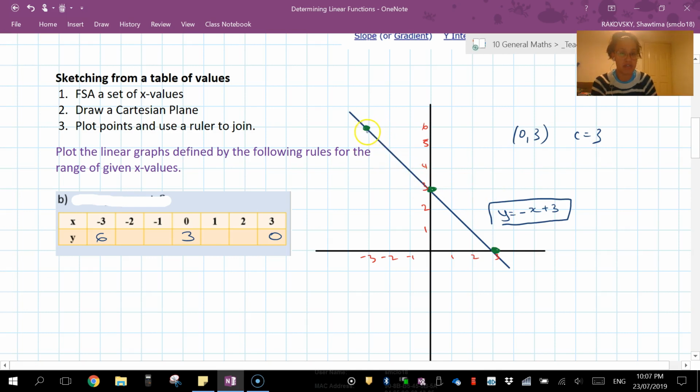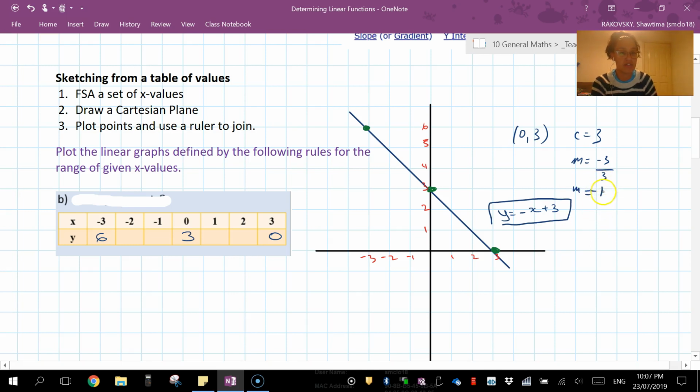You could use rise over run. So 1, 2, 3, 1, 2, 3. Your rise is -3, and your run is +3. So m equals -3 over 3, which gives us a value of -1.